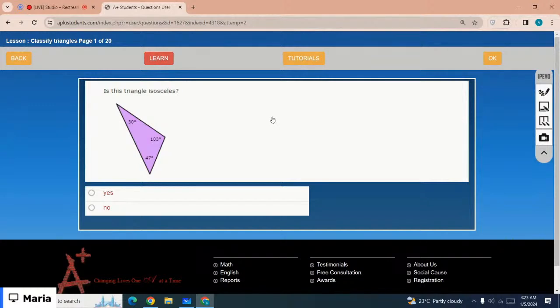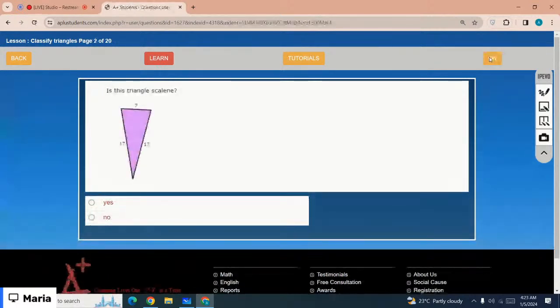No, this is not the isosceles triangle. All three angles have different measurements, right? So they are not isosceles. Very good. Okay, the next one: is this triangle scalene, which is the correct option?